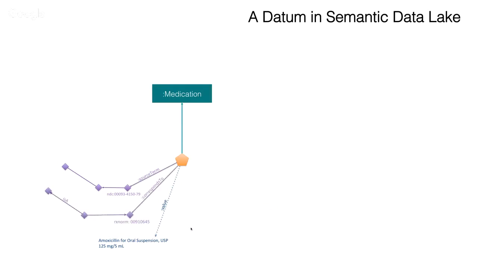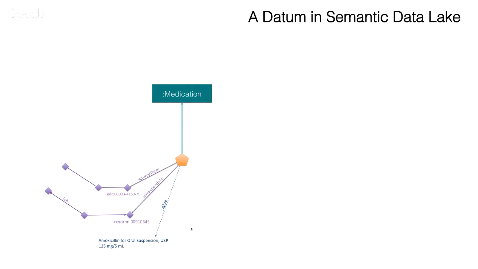And if we normalize to represent this term in a standard way rather than the way it is represented in the source system, we have also a link to the normalized or standard representation of that. So by now I know I have amoxicillin for the patient and two code sets that define it, and each one of those code sets, by the nature of being driven from some knowledge base, brings in a lot of metadata and knowledge about them.